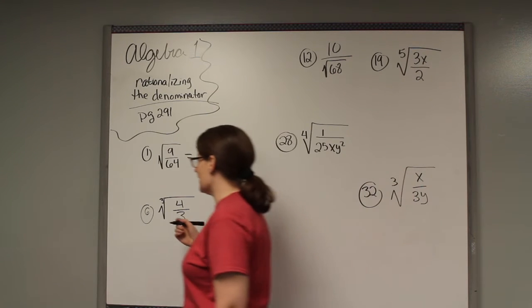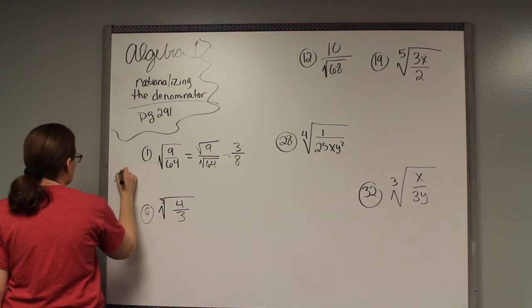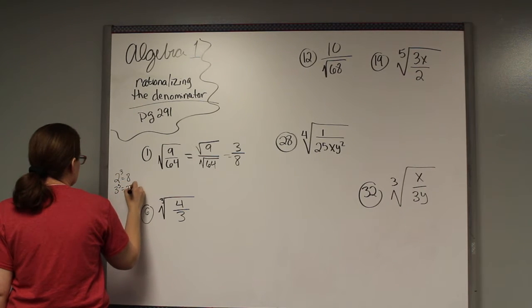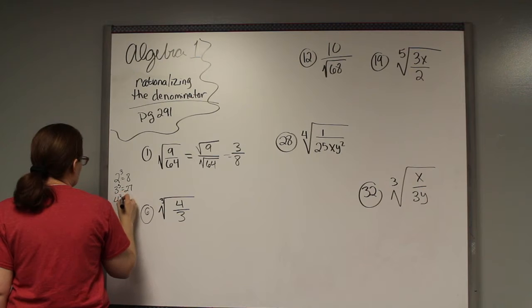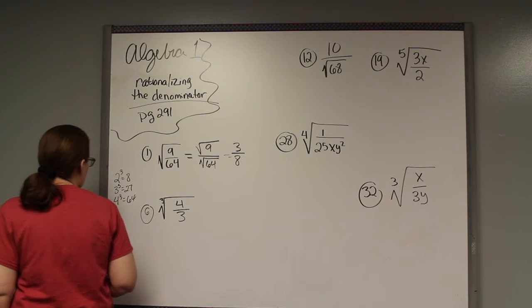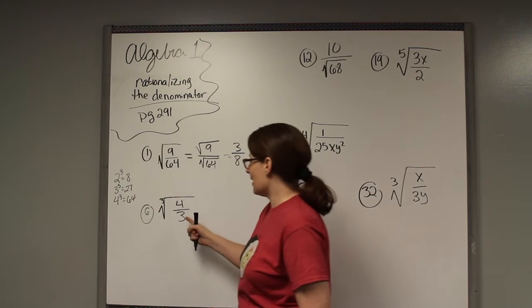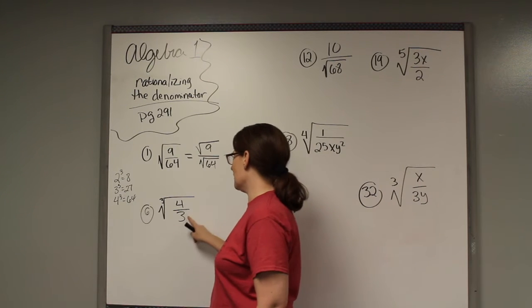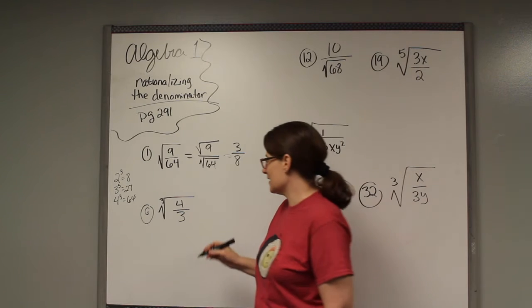Well, if you write down some of the cubes, 2 cubed is 8, 3 cubed is 27, and 4 cubed is 64. The smallest one, because I'm not going to multiply anything by 3 to get 8, so I need to make 27. What do I multiply 3 by to get 27?